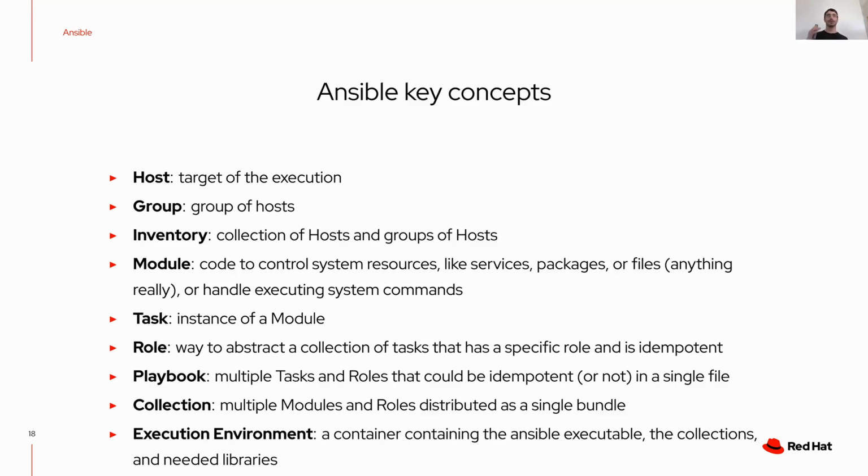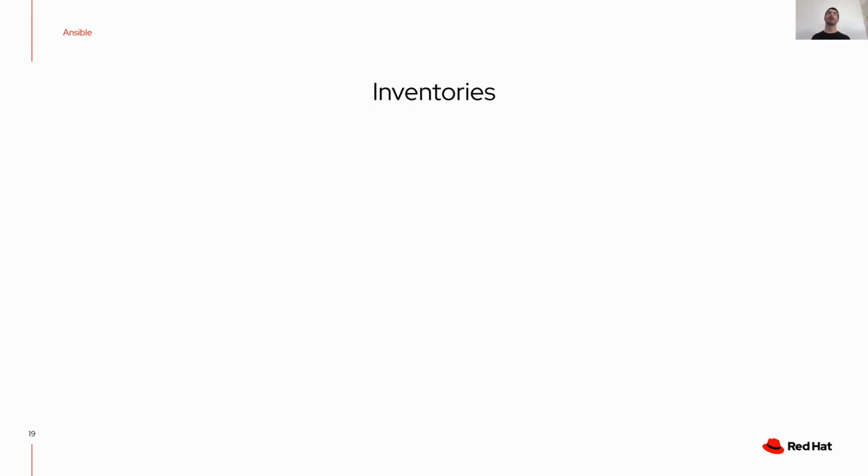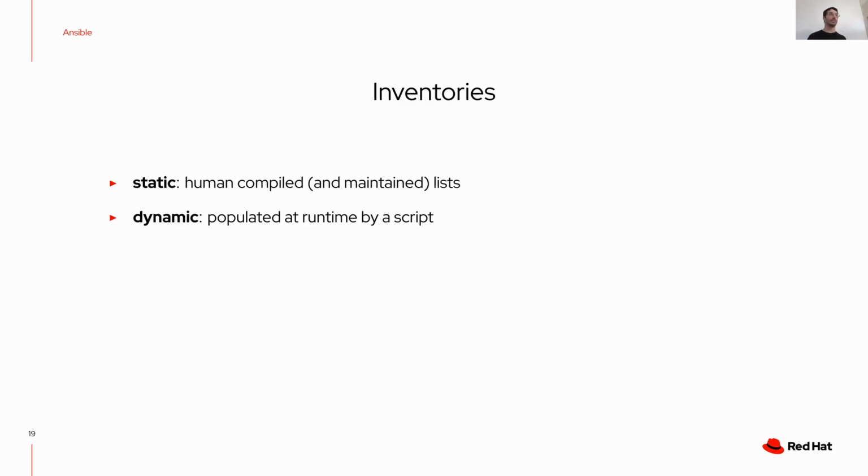Now, starting from the top, going to the inventory part, inventories can be of many different kinds. I've mentioned that they can be INI files, YAML files, JSON files. So those would be files that a human writes, but they can also be dynamic.